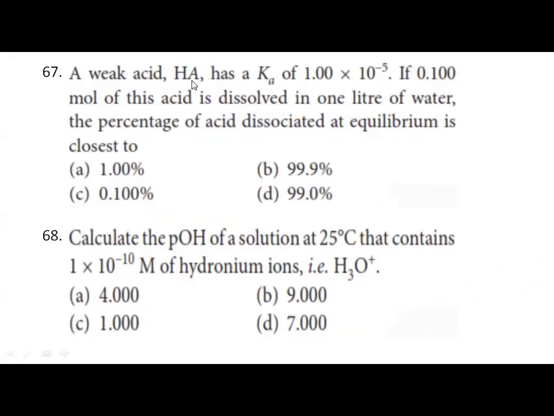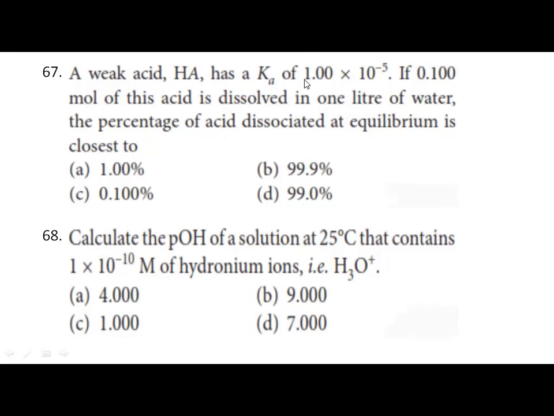Next question. A weak acid HA has Ka of 1.0 into 10 raised to minus 5. If 0.1 mole of this acid is dissolved in 1 liter of water, the percentage of acid dissociated at equilibrium is closest to. Okay. A weak acid HA they have said.